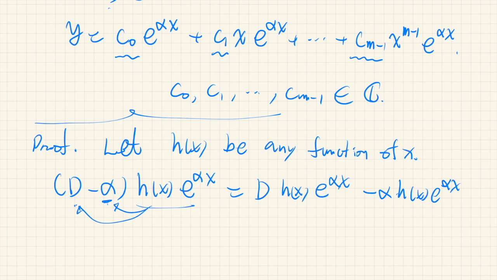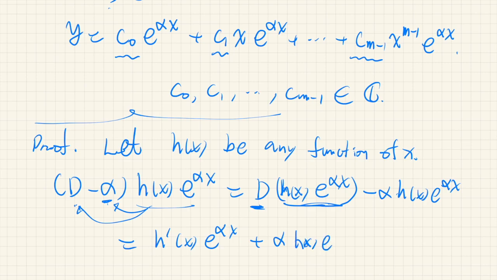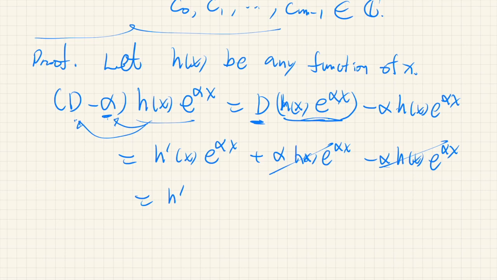Here we apply this differential operator to this product, so we apply the product rule. That gives us h prime e^(alpha x), and differentiating this part we have alpha h(x) e^(alpha x) minus alpha h(x) e^(alpha x), and this cancels. So we have h prime e^(alpha x).